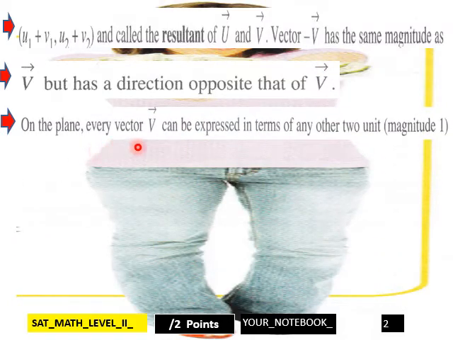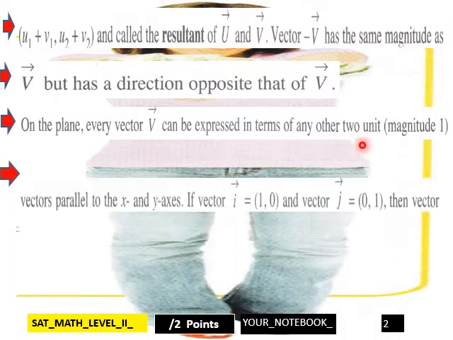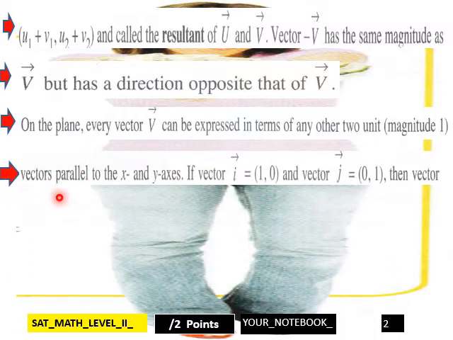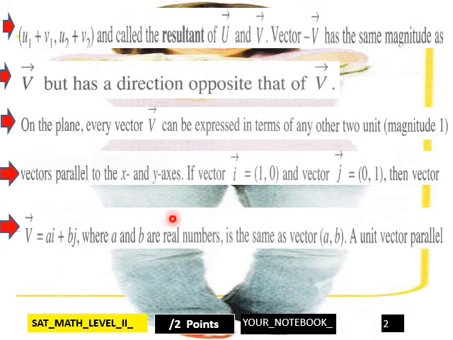On the plane, every vector v can be expressed in terms of any other two unit magnitude 1 vectors parallel to the x and y axes. If vector i equals 1, 0 and vector j equals 0, 1, then vector v, which equals ai plus bj, where a and b are real numbers, is the same as vector a, b.